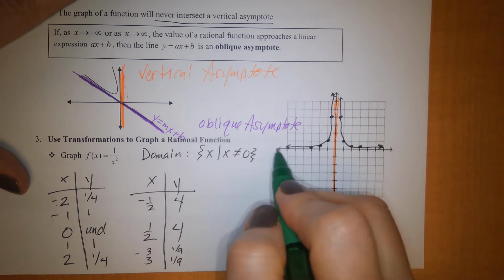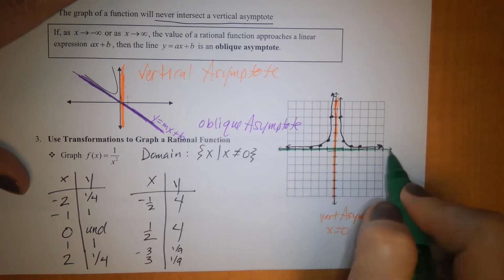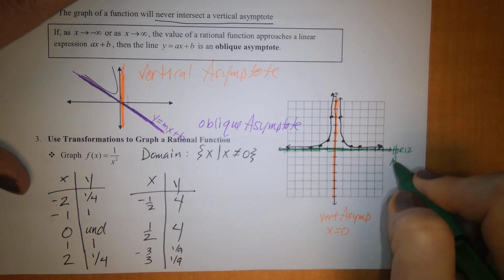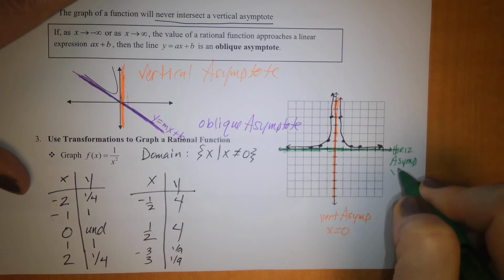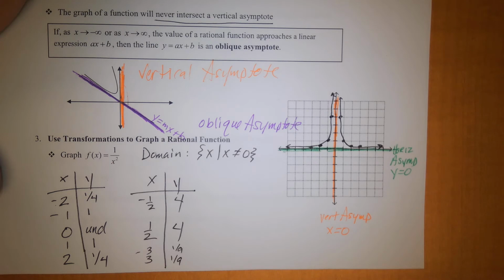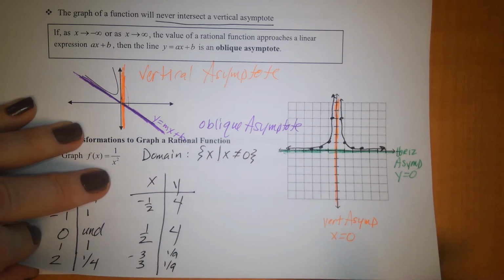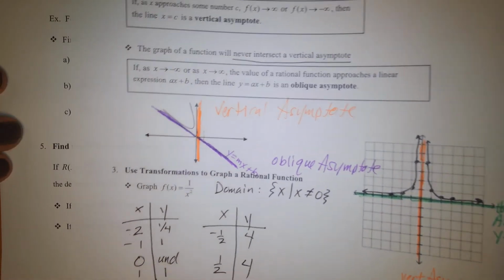There is also a horizontal asymptote. And this horizontal asymptote is located when y is 0. So I have 2 asymptotes. You can see that these graphs will never cross. So now we're going to take this graph and we're going to do some transformations to it on the next page.